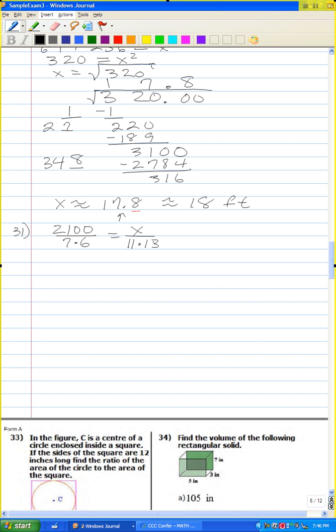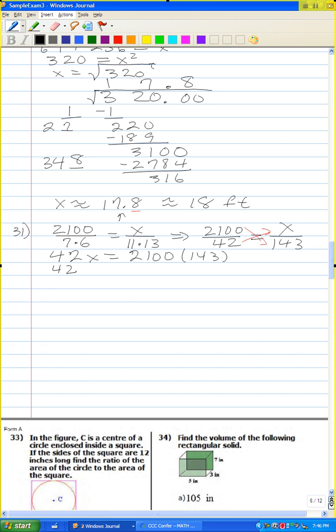Okay, so note that 7 times 6 is 42. 11 times 13 is 143. Let's cross multiply. And so I get 42x is equal to 2,100 times 143.